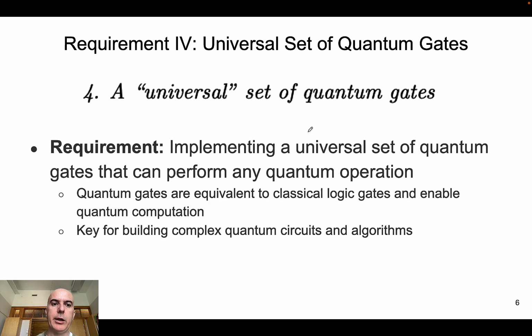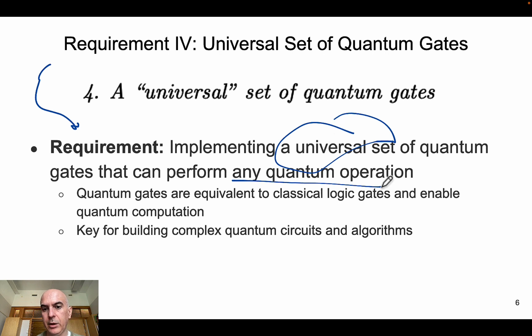The fourth requirement is about having a universal set of quantum gates, and this requires implementing a universal set of quantum gates that can perform any quantum operation. So we talk about a universal set. Universal means that we can express any operation by using this set of gates.